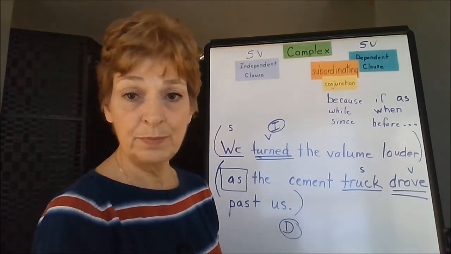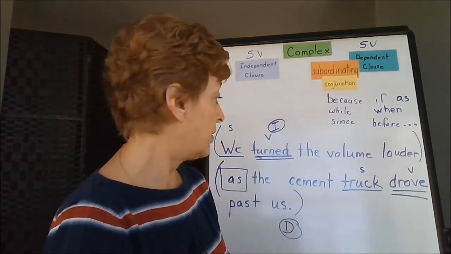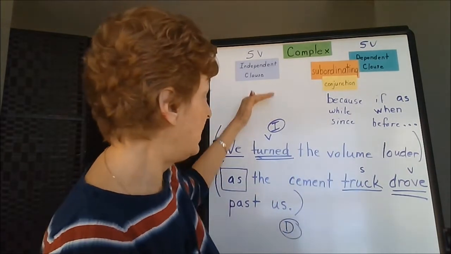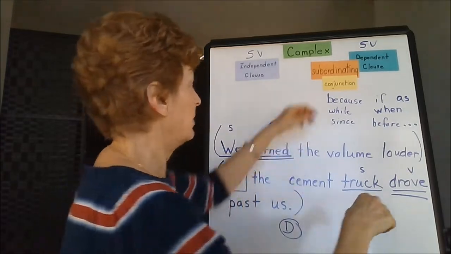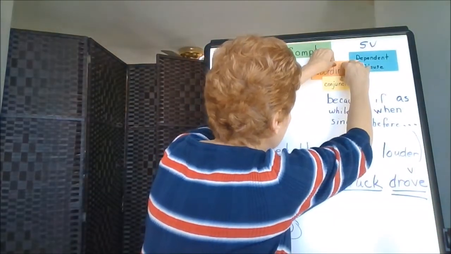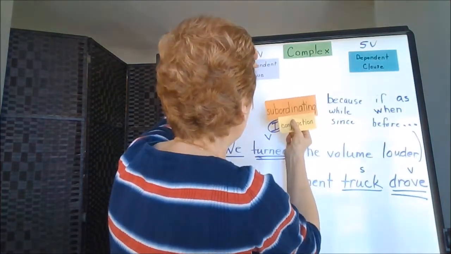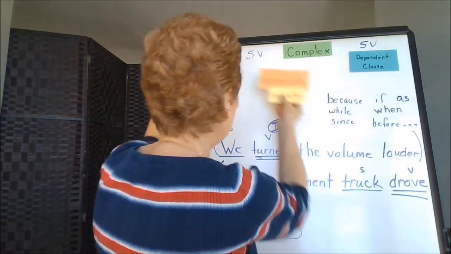It doesn't always have to be that way, though. It's possible to flip the clauses and put the dependent clause first. So all of this could come off and go in the first position.